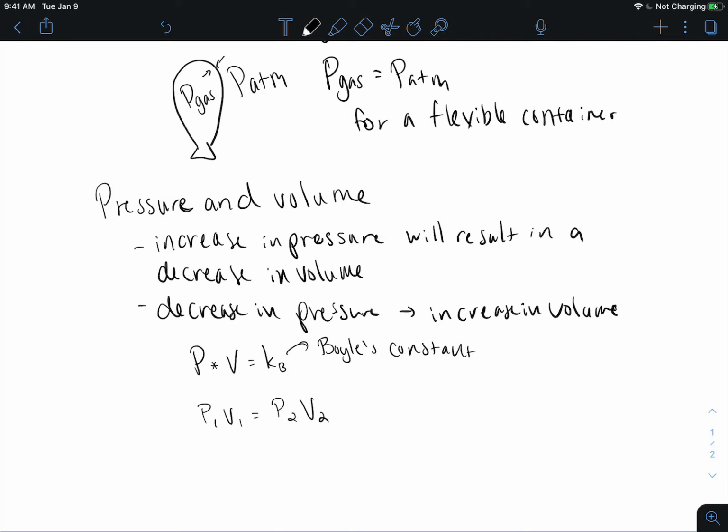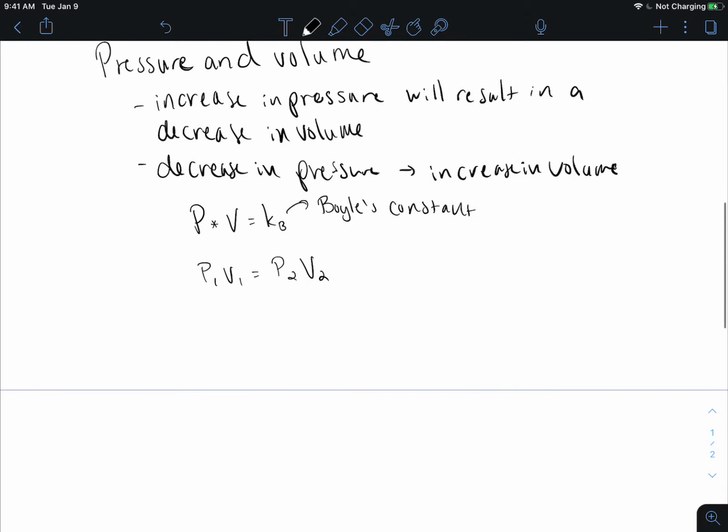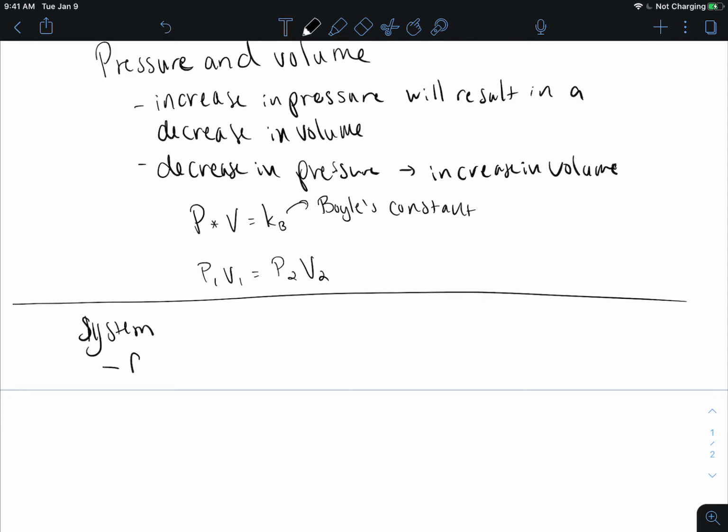Next thing we want to look at is temperature and volume. So here we are going to deal with a flexible container again. So it's our next system. We still have a flexible container, but now we're going to keep pressure constant and our number of moles constant.